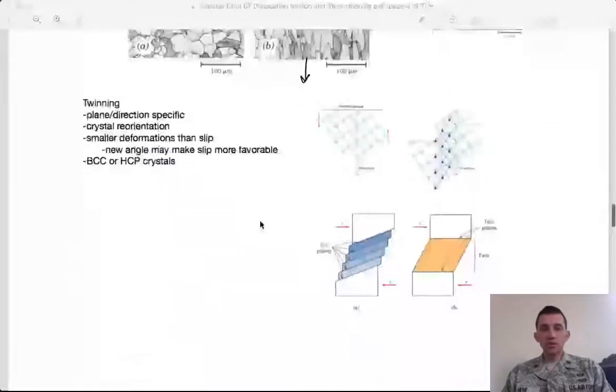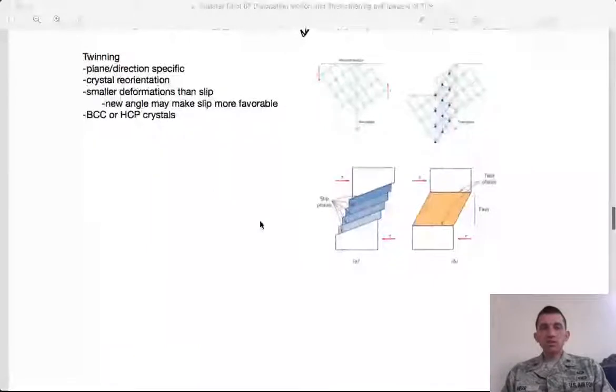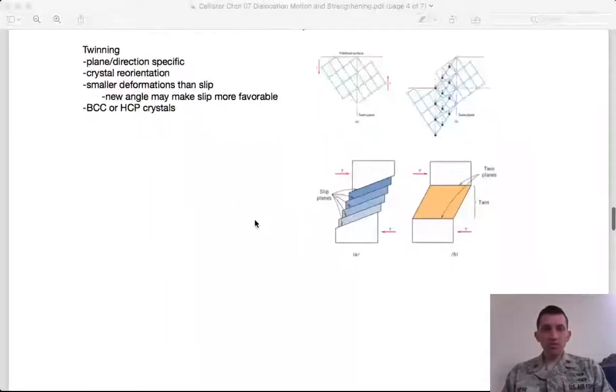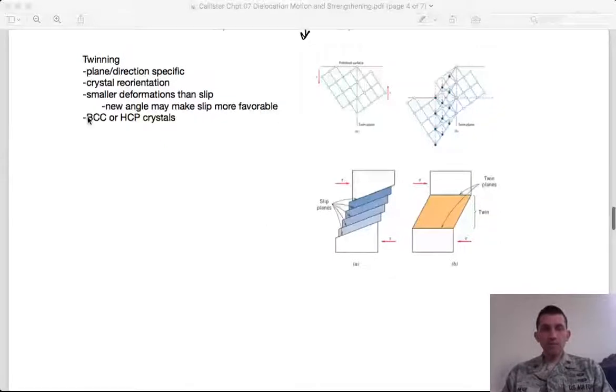And a bit of a side note: we talked about dislocations and then also about twins. So you can have a crystal structure where you have this kind of plane and direction specific mirror image. I can form a twin boundary, which is a slightly different kind of crystalline structure where I have two crystalline structures that match up at the boundary in a unique way.